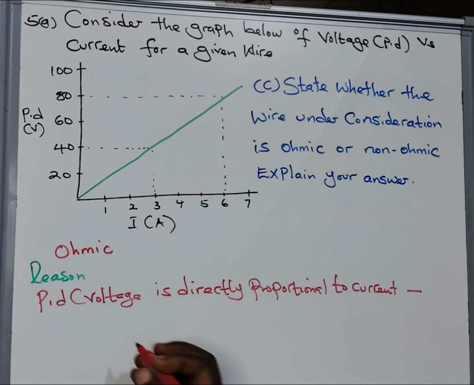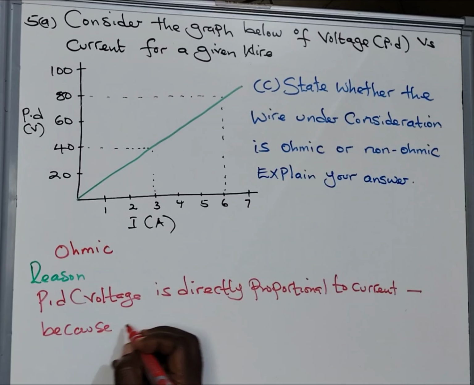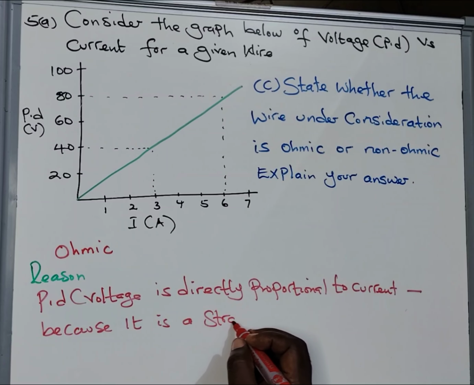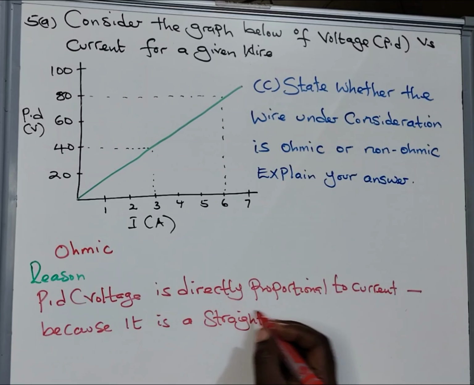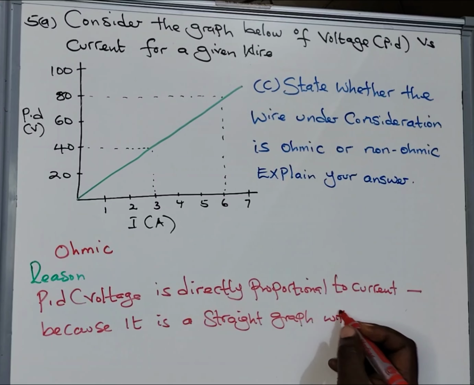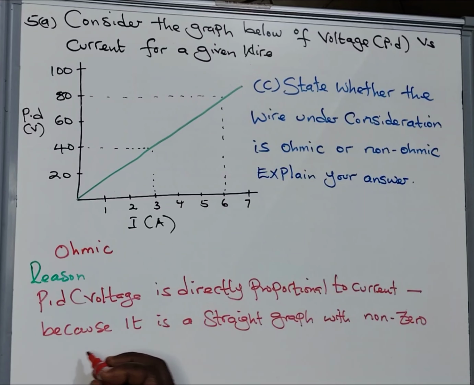Because it is a straight line, a graph with a non-zero gradient or slope.